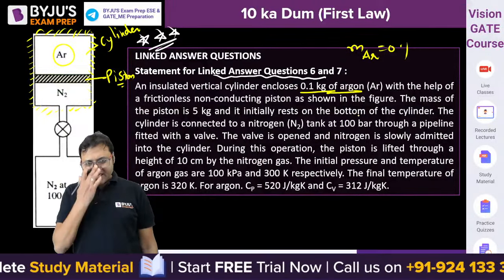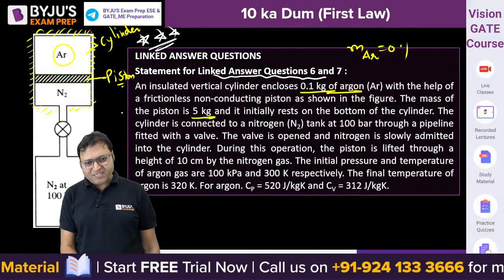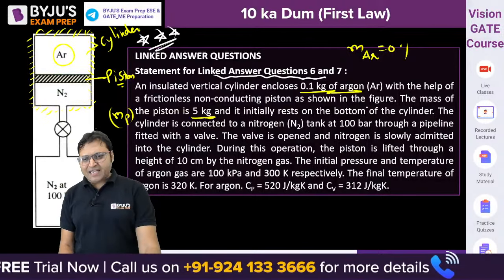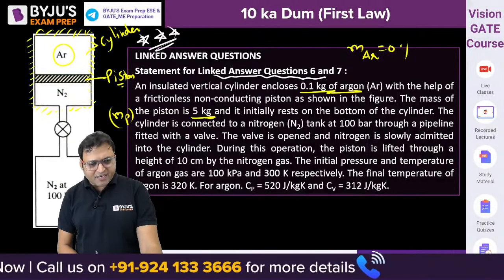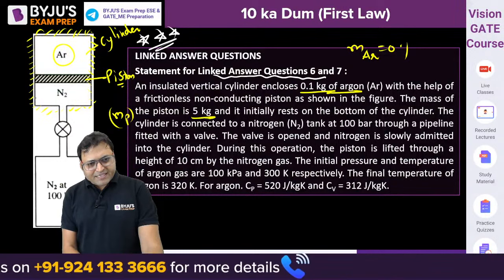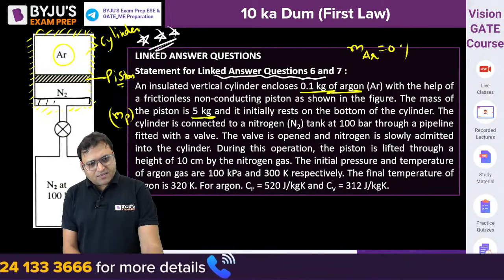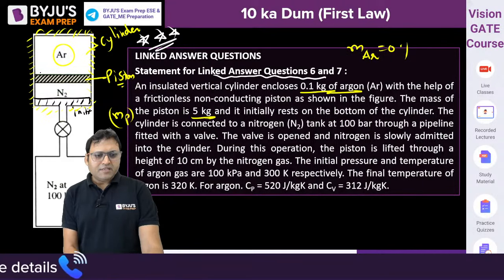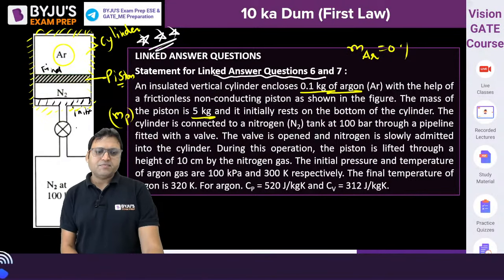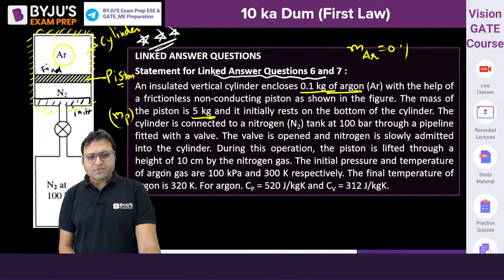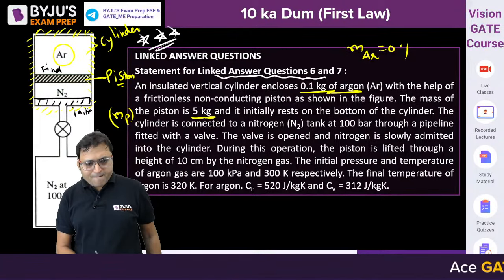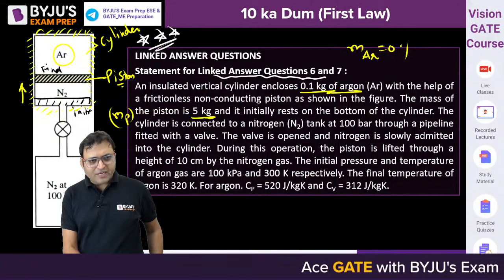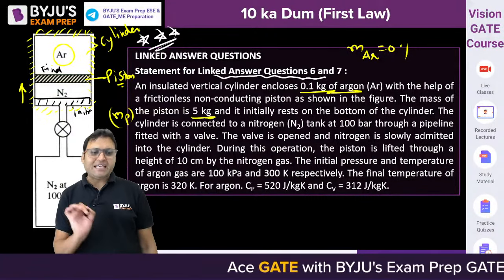The mass of the piston is 5 kg, and it initially rests on the bottom of the cylinder. This is the initial position, this is the final position. So initially it is at the bottom, then it is moving in the upward direction.